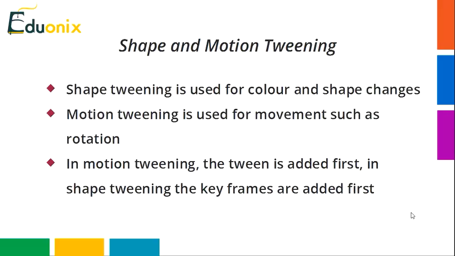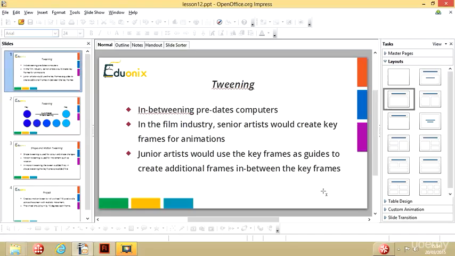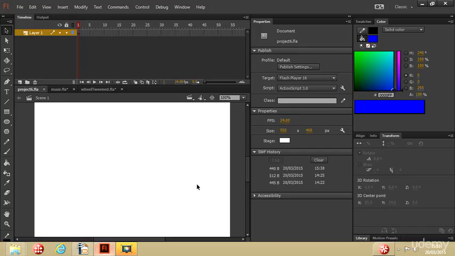In motion tweening the tween is added first, and in shape tweening the keyframes are added first, and I'll show you that in a few minutes. I also want to give you a project at the end of this lesson, but I'll discuss that later on. So let's have a look at shape tweening first of all.